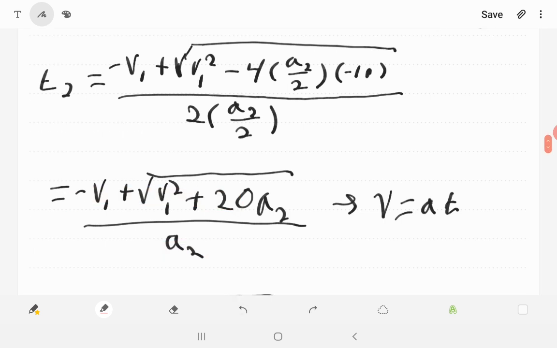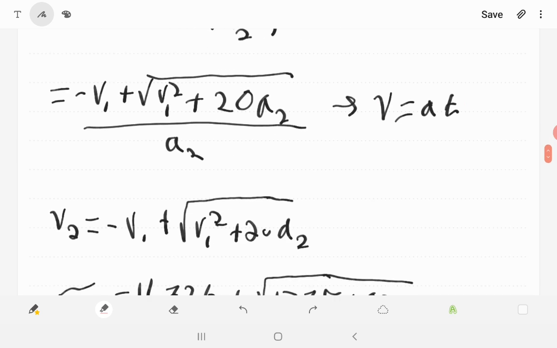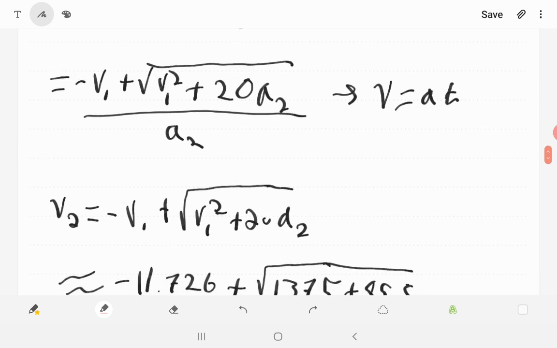Taking note that our velocity equation is the acceleration times the time, and that we have an acceleration term in the bottom of our time term, we can conveniently sub the time term back into the velocity equation over here to eliminate our acceleration terms.